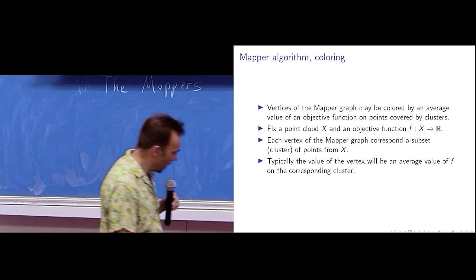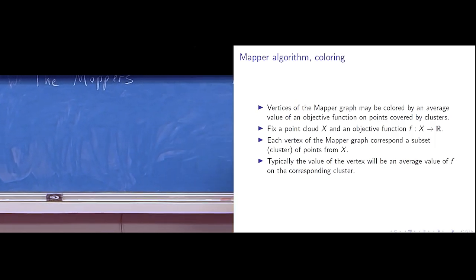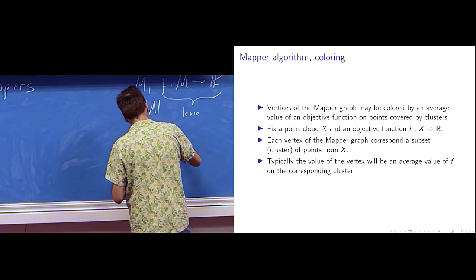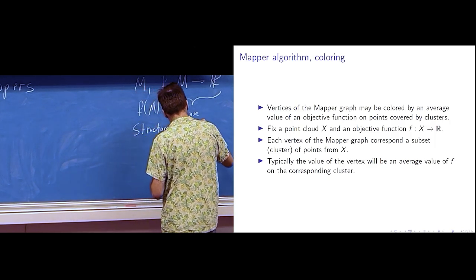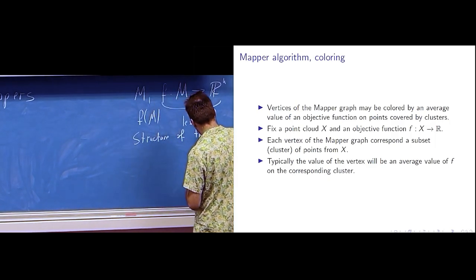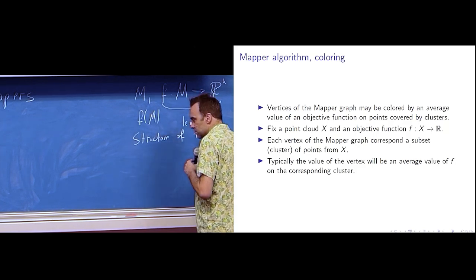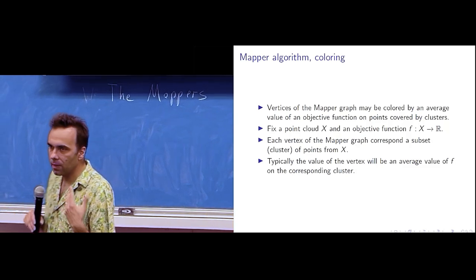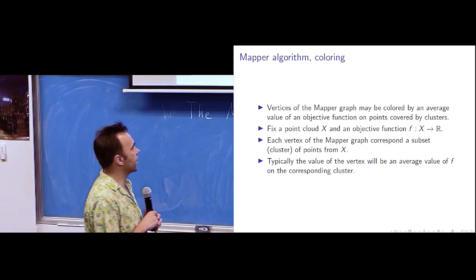So Mapper gives us a structure of the data, of whatever it is. There's this additional aspect: on top of Mapper, we can actually plot some additional variable.